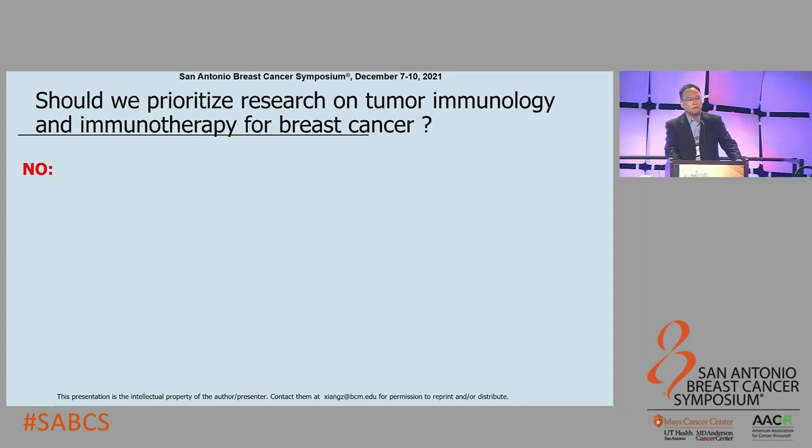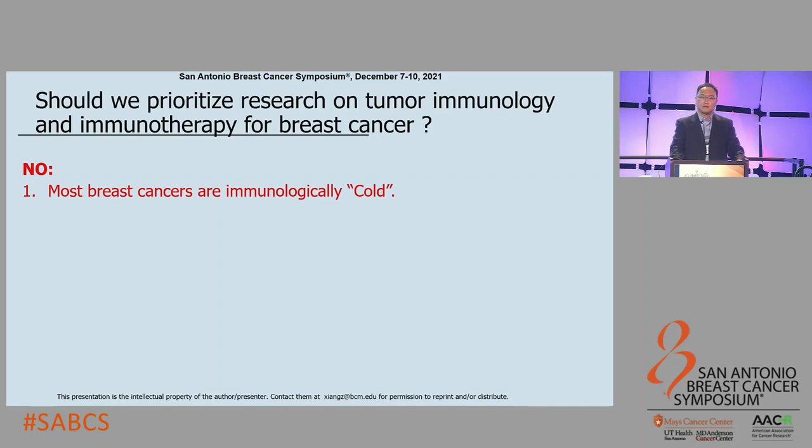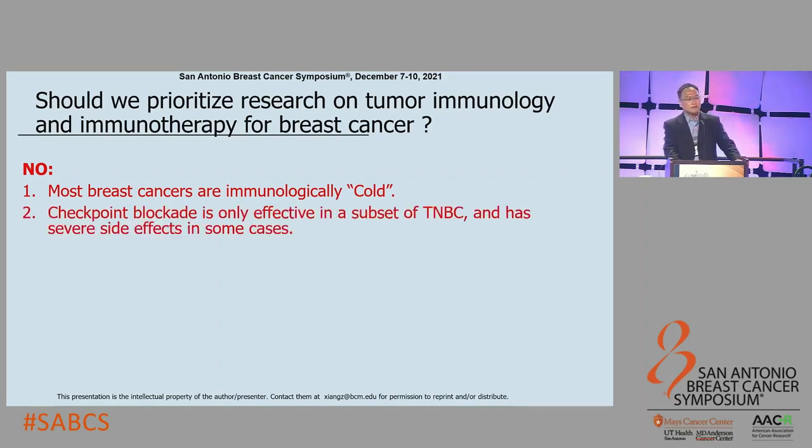And many people may not be very optimistic because most breast cancers are immunologically cold. And also, as we have heard this afternoon as well, the checkpoint blockade therapy only achieved a small, I would say limited effect in triple-negative breast cancer, and some have severe side effects.